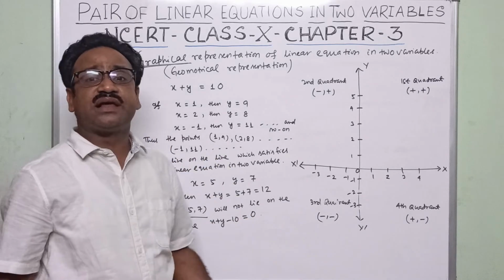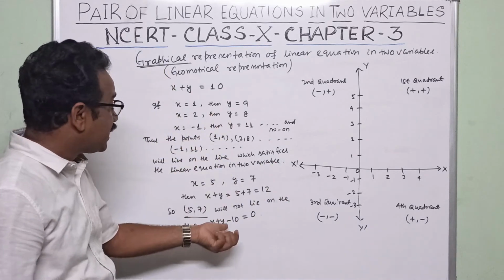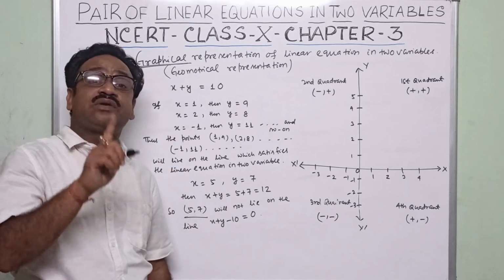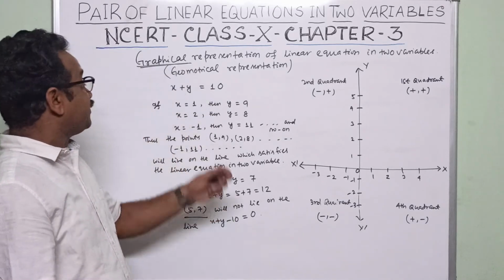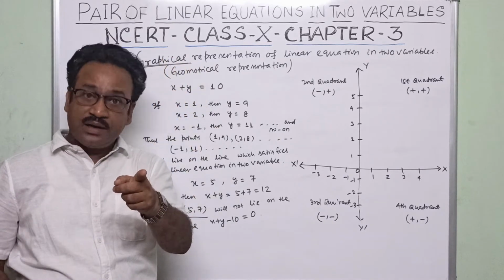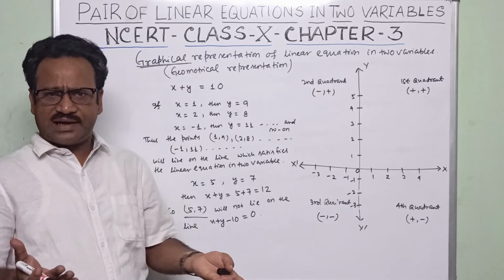It is not satisfying the equation, so it will not lie on the line. Whichever values of x and y satisfy the linear equation in two variables will lie on the line. If they do not satisfy, they will not lie on it.